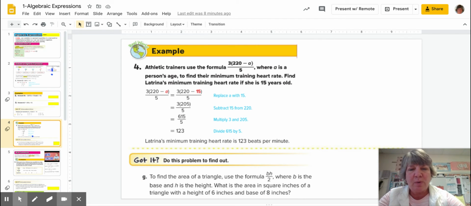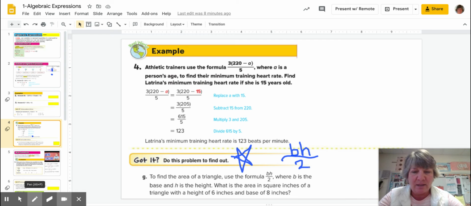So let's go down to our got it. To find the area of a triangle, use the formula B times H over 2, which means base times height, all divided by 2, where B is the base and H is the height. What is the area in square inches of a triangle?